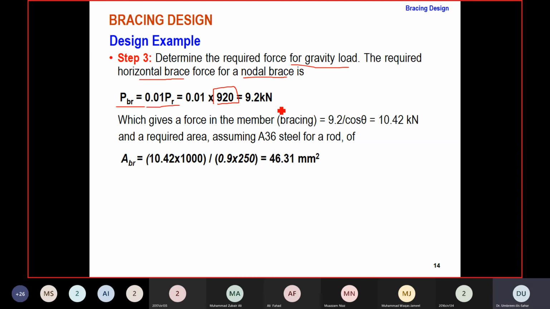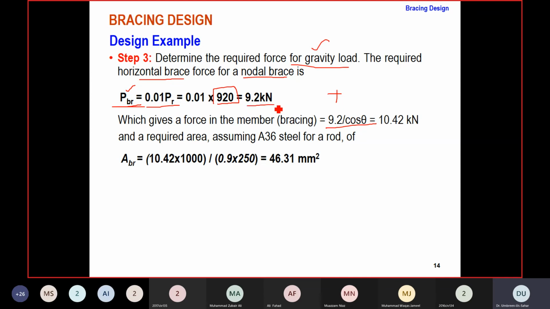So we have to calculate separately the strength of the P_BR with respect to gravity load and with respect to the wind load, and finally we can combine both to get the final answer for the load within the bracing, which gives a force in the member bracing. This is 9.2 cos of theta. Okay, so you have 9.2, that is the force P_BR.